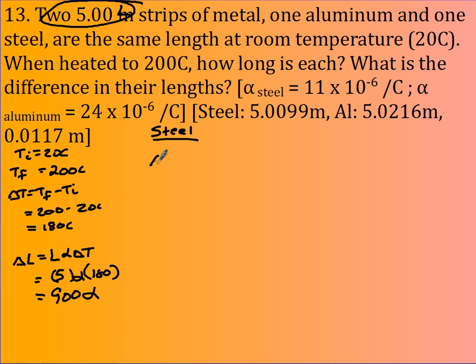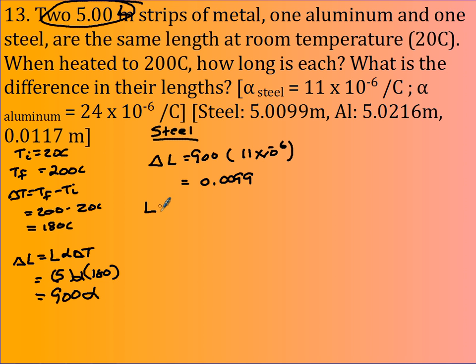So for steel, delta L is 900 times alpha for steel, which is 11 times 10 to the negative 6. 900 times 11 times 10 to the negative 6 is 0.0099.